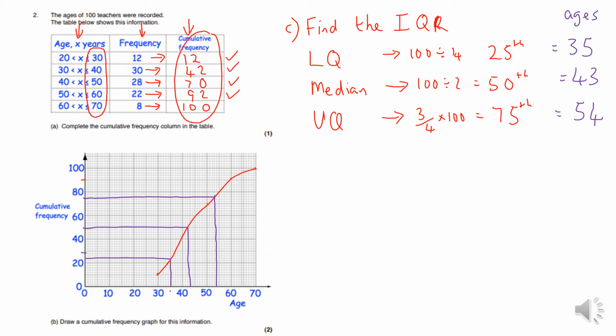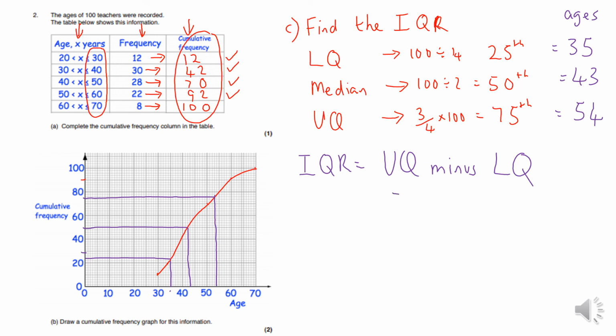Now, the interquartile range basically means the upper quartile minus the lower quartile.